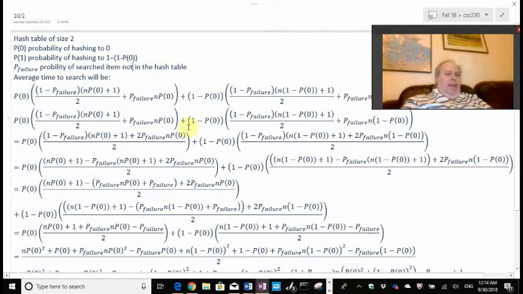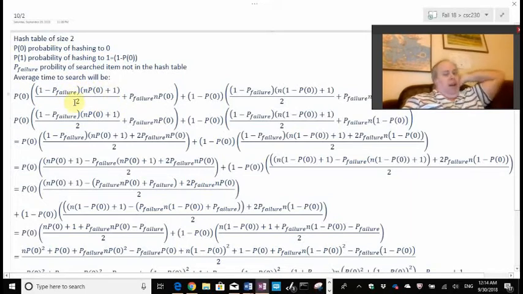Now you'll remember from linked lists, the probability is 1 minus P of failure, that's P of success, times n plus 1 over 2. In this case, in the 0 position, the length of the list is n P of 0, since of the n items, if half of them go to 0, half of n would end up in this part.